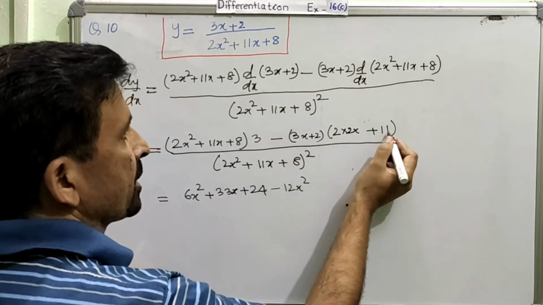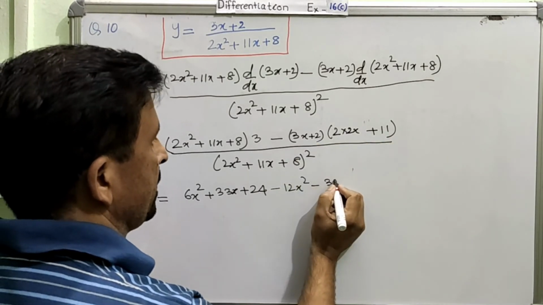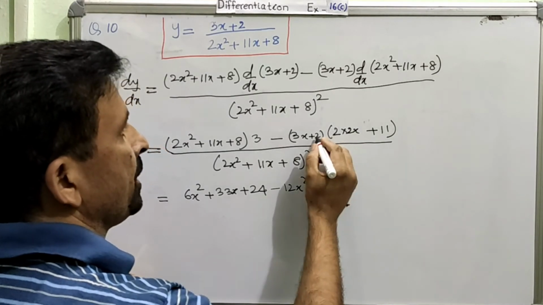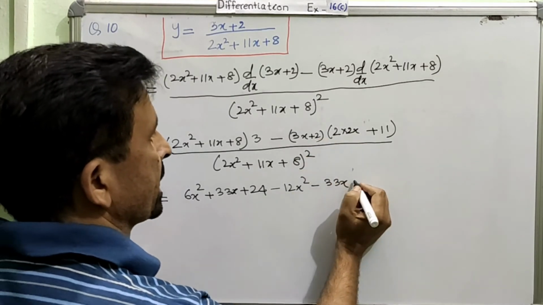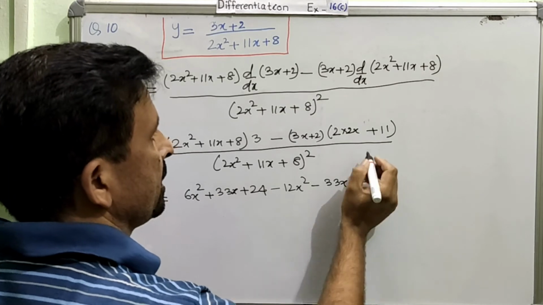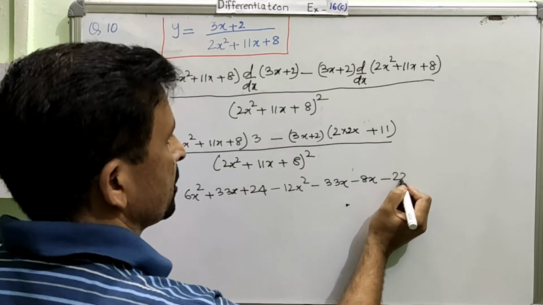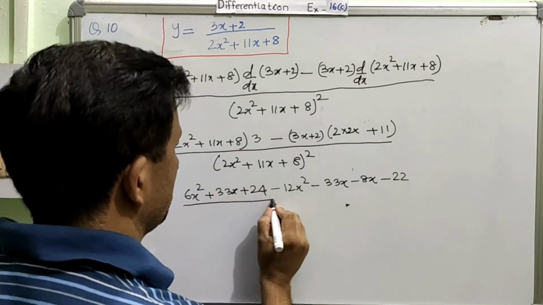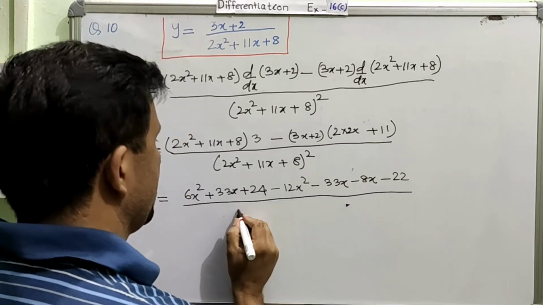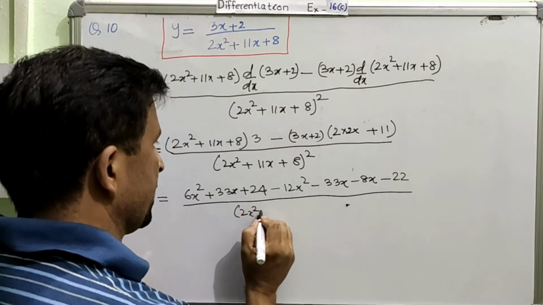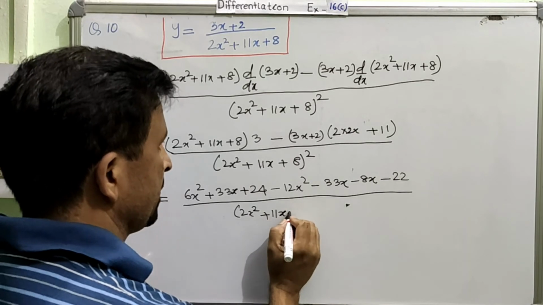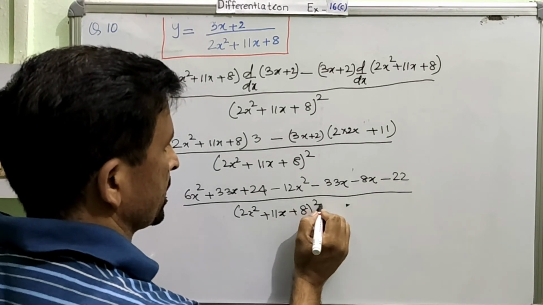Now this one 33x minus 33x, right? Now these two 4 2s are 8x minus 8x and then minus 22 divided by 2x square plus 11x plus 8 whole square.